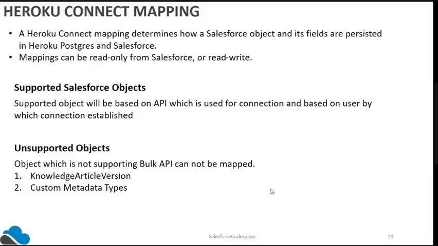If you are using version 39, whatever objects are available until version 39, you will get in that list. Right now, the Heroku platform is supporting version 52. So whatever objects are available for version 52 will appear in the Salesforce mapping list.